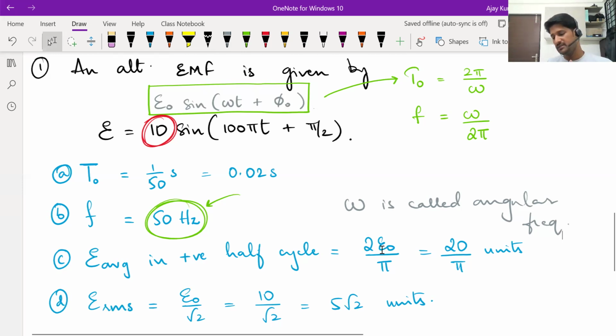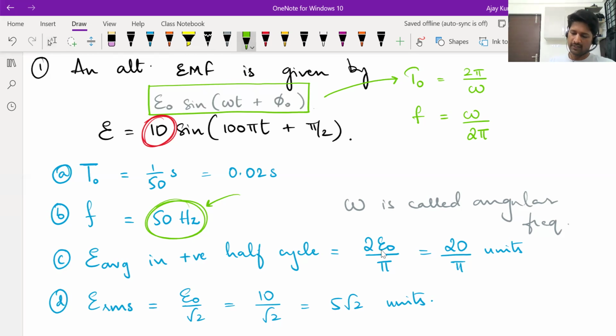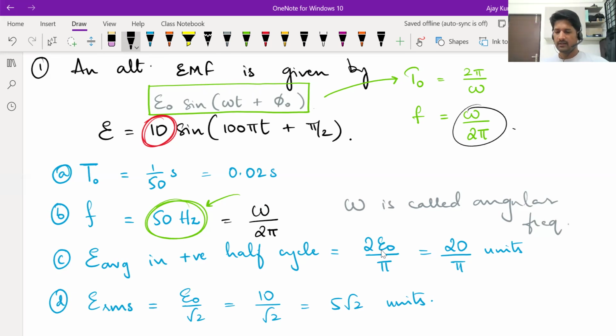And angular frequency is different from frequency, just frequency. Just frequency is inverse of time period. That is omega divided by 2 pi. It's not directly equal to omega. It's omega divided by 2 pi. We have written here also.